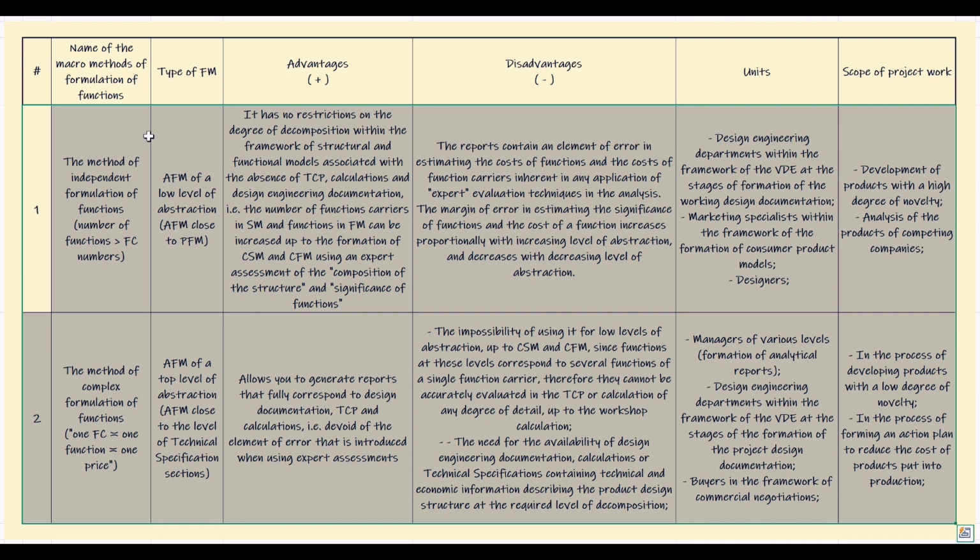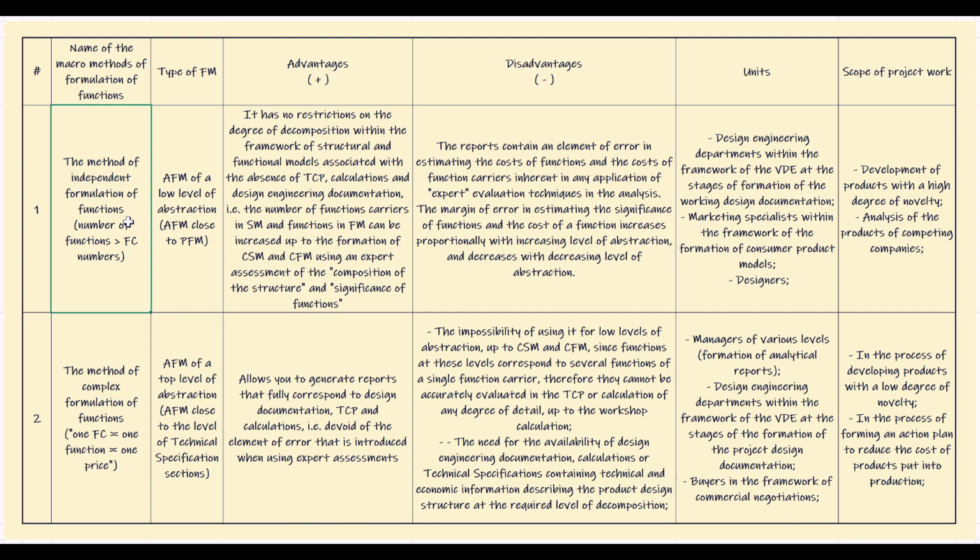So, the basic difference between complex formulation and isolated or direct formulation, the principles of which were outlined in issue number 7, is the need to evaluate such criteria as the presence of an unambiguous binding of the formulation of functional model functions to the availability of design engineering documentation and commercial information, such as technical and commercial proposals for function carriers, for example. Thus, we need to expand the principle of formation of artificial constraints for the upper and middle level abstract functional model.